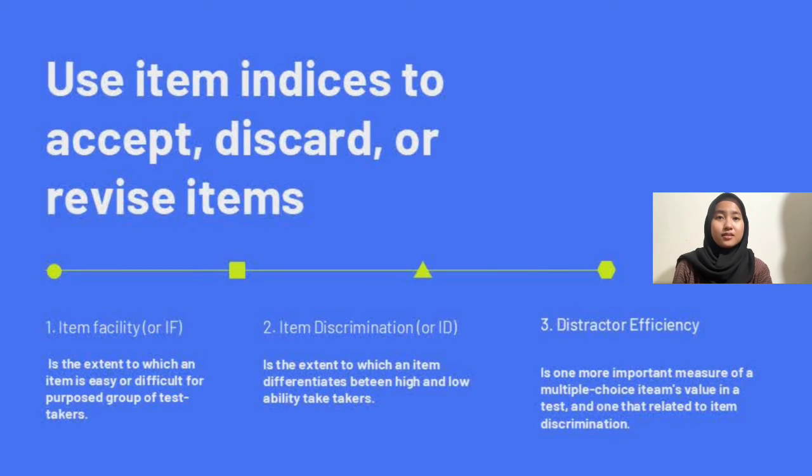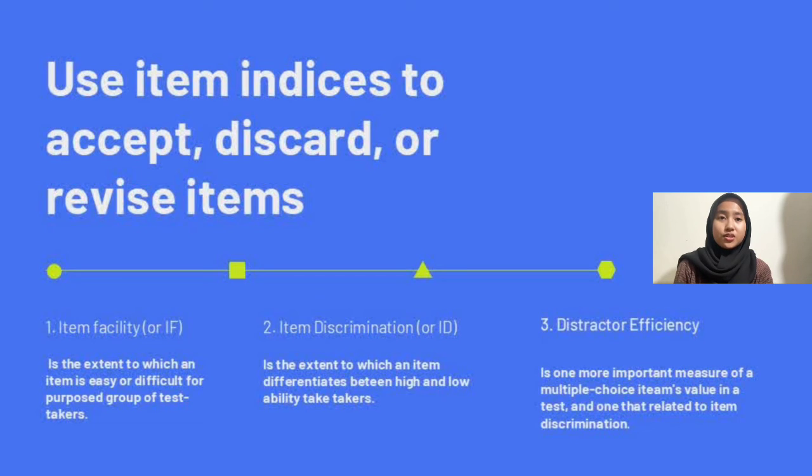Item indices to accept, discard, or revise items. 1. Item facility, or IF, is the extent to which an item is easy or difficult for the proposed group of test takers. 2.